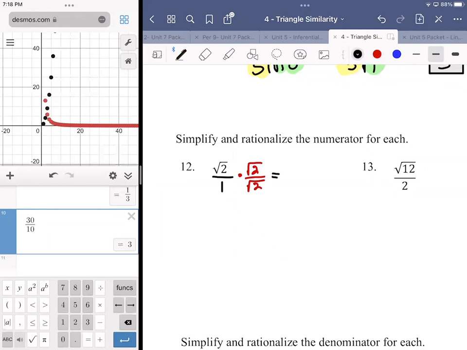So rad 2 times rad 2, top times top, bottom times bottom, is going to be rad 4 over rad 2, right? The rad 4 on top, same thing as saying the square root of 4, which is a perfect square, so that's going to be equal to 2. So 2 over radical 2. So we have a number that's equivalent to what we started with, just with a rational numerator.